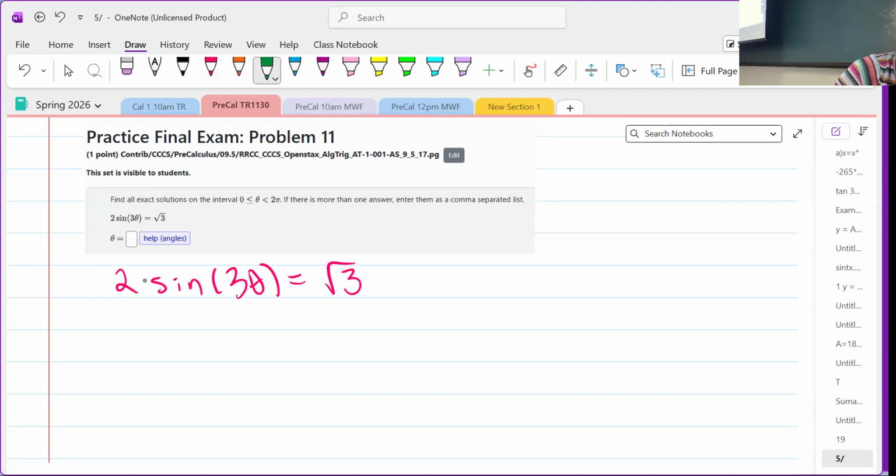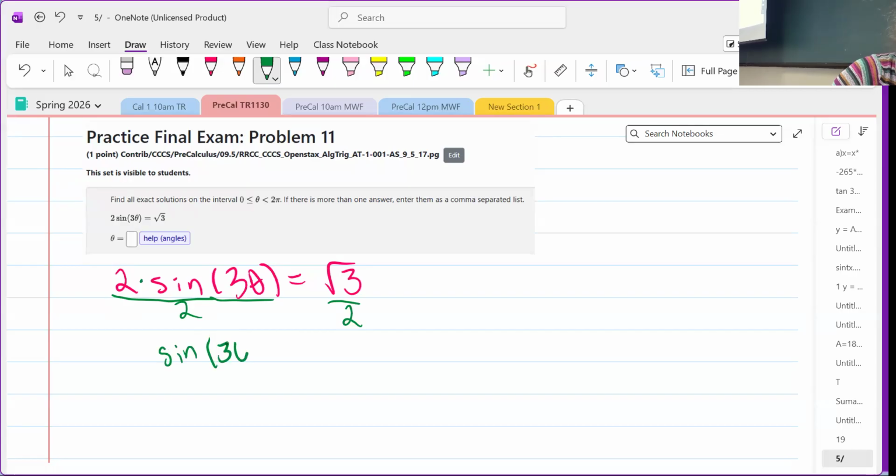When I look at all the stuff stuck onto the theta, there's a 3 right next to it, then there's a sine outside of that, and then there's a 2 outside of that. So the first thing I'm going to get rid of is that 2. So square root of 3 over 2, that at least sounds familiar.